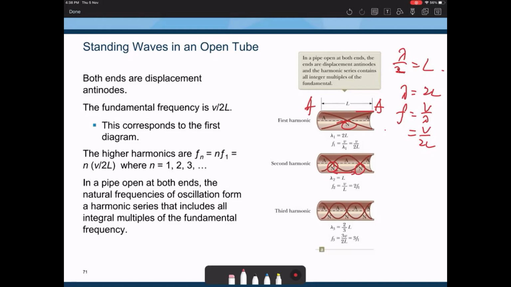Here, you have antinodes at the end, right in the middle, and at the other end. So the length of the tube is supporting the whole wavelength.